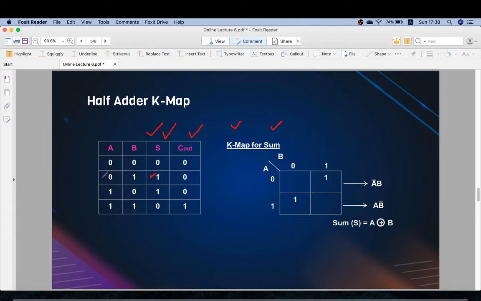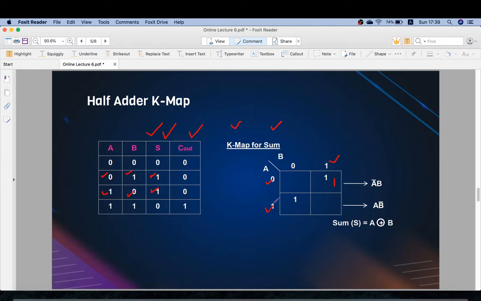So the sum 1 is with the input of 0 and 1. So where is 0 and 1? We will put one variable in that K-map cell. The second one in the sum column is on the input 1 and 0.